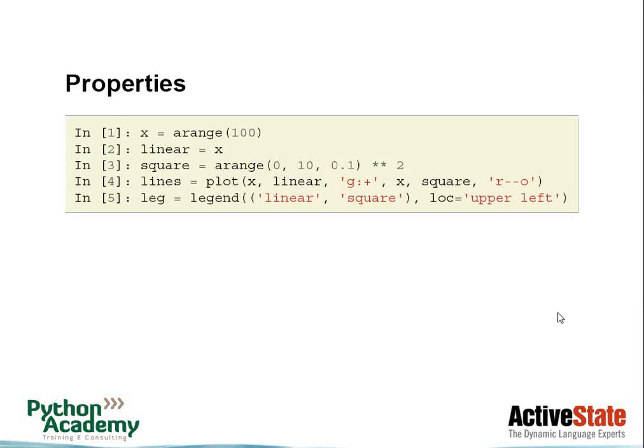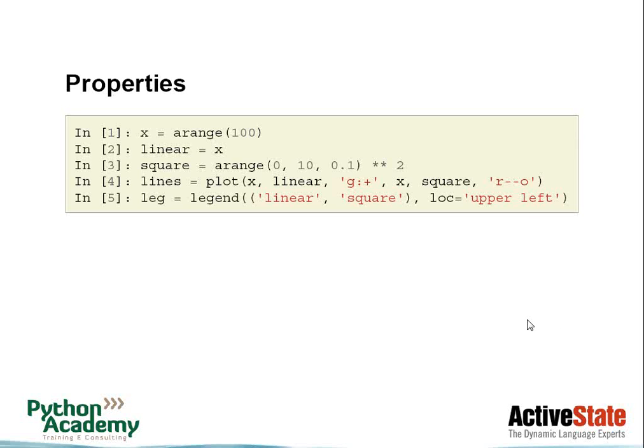So what I'm doing now here, I just work in the interactive prompt in matplotlib, in IPython, and I create an array of the numbers 0 to 99, which is x, and call it linear. And then I create the numbers between 0 and 10 with a step size of 0.1 and square them, which is my squared.